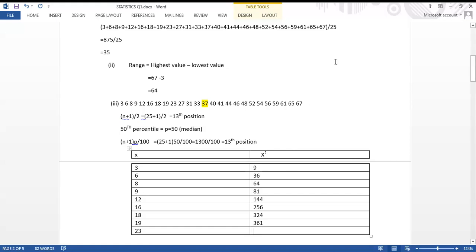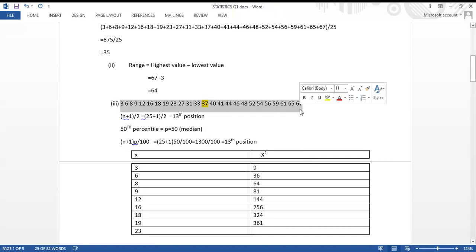We are calculating the variance. We've been given ungrouped data. Have you seen this data which I've highlighted? Yes.